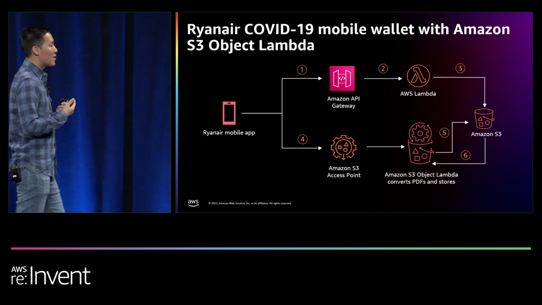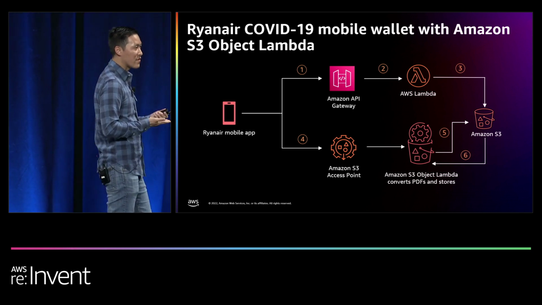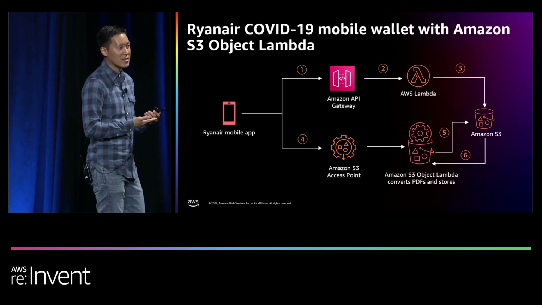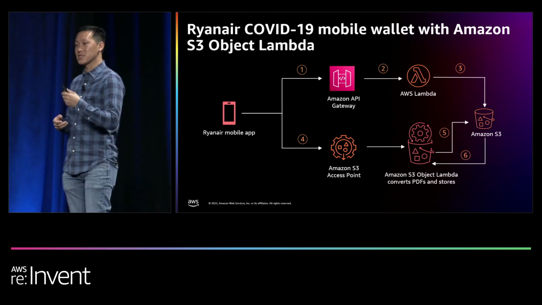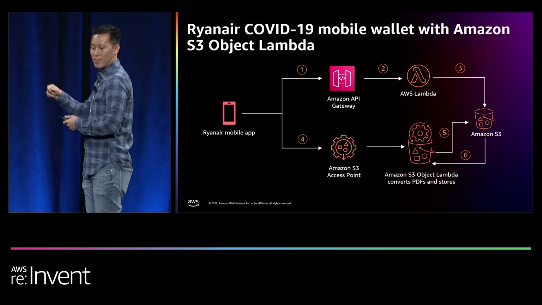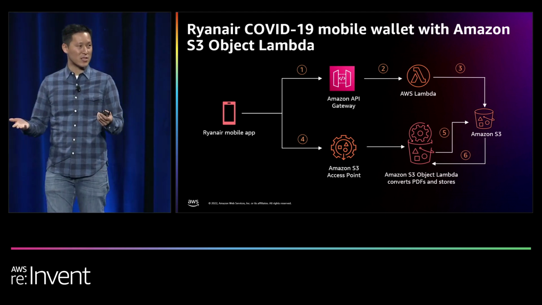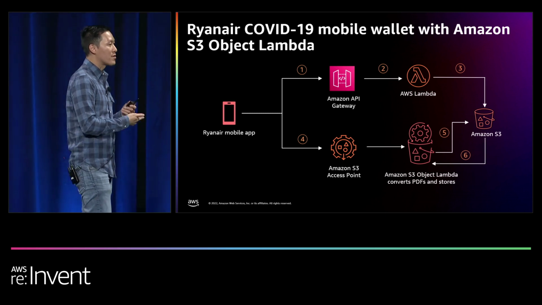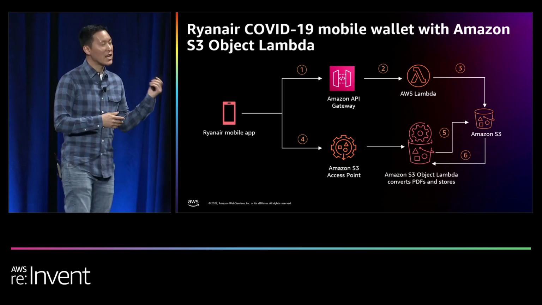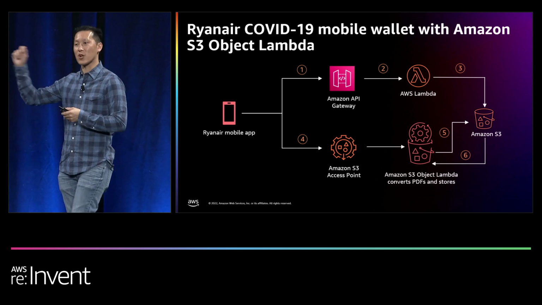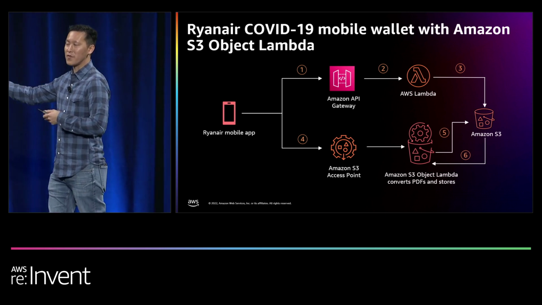In order to do things like vaccination verification or negative PCR tests, customers inside of that mobile wallet would upload either their proof of vaccination or their negative PCR test. The mobile application would request a pre-signed URL from S3.